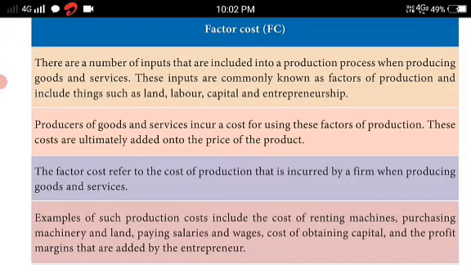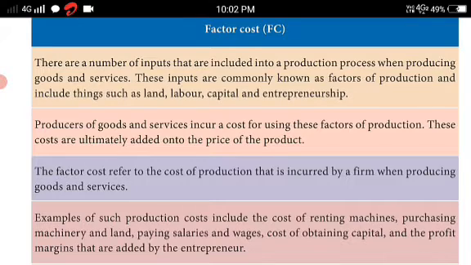They include the four factors we know: land, labor, capital and entrepreneur. Producers incur a cost for using these factors of production. So when they are using these factors in their production process, these costs are ultimately added into the price of the product. All the costs incurred in the production process are added into the prices of the products.